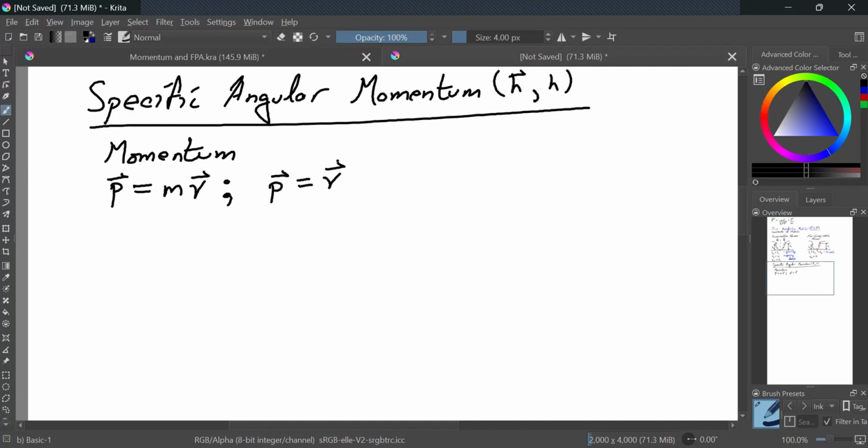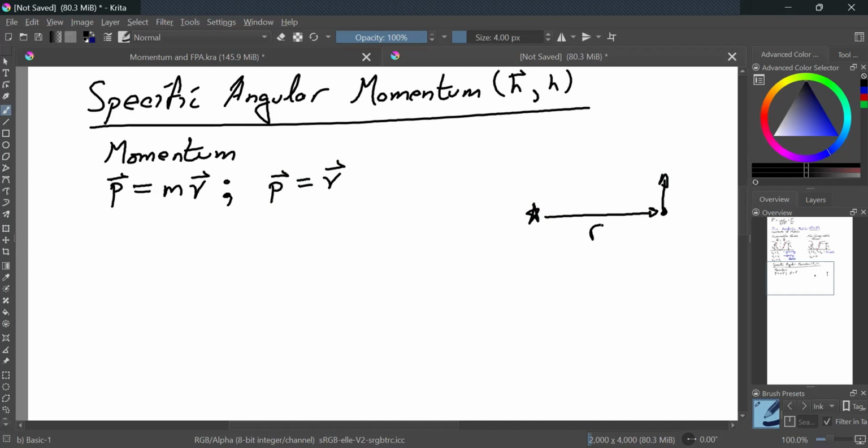Specific linear momentum is just velocity, which is why you don't see specific linear momentum anywhere. So angular momentum takes a look at the momentum around an orbiting body.